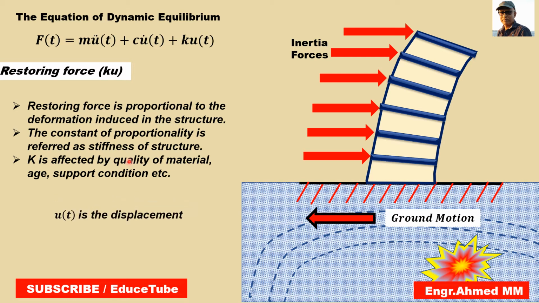So here we have u(t), it is displacement, and F(t) we know is the externally applied force. So I think we are very much clear about these three terms: inertia forces, this was damping force, restoring force.